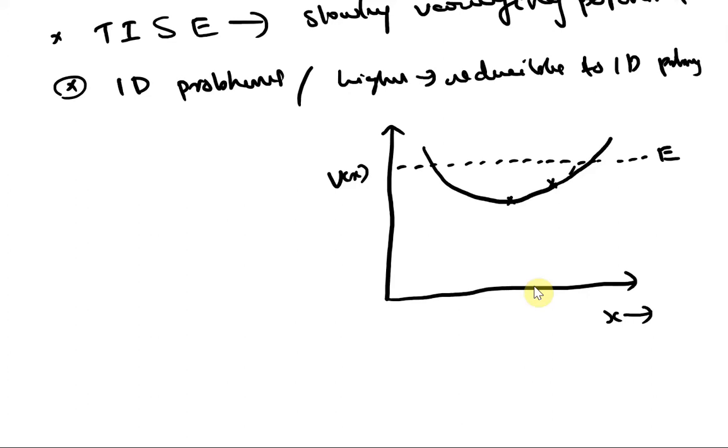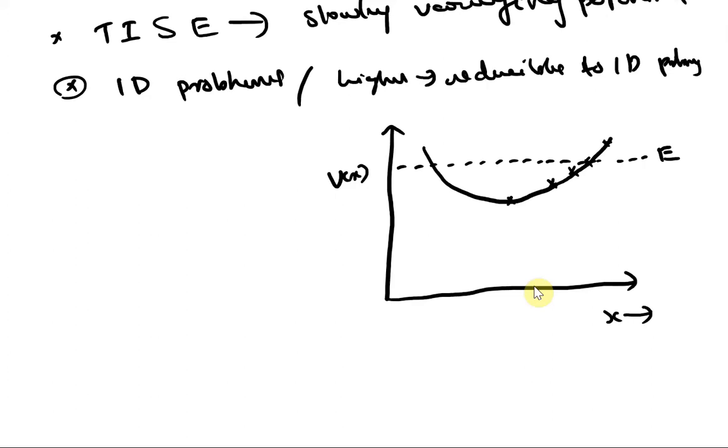And as you come up the hill, the kinetic energy component will be reducing because the potential is increasing, and finally when it reaches this boundary, your potential energy is going to be the total energy of the particle, and there is no kinetic energy.